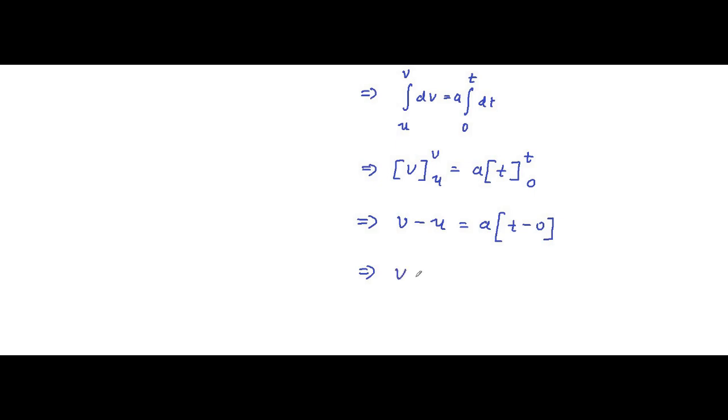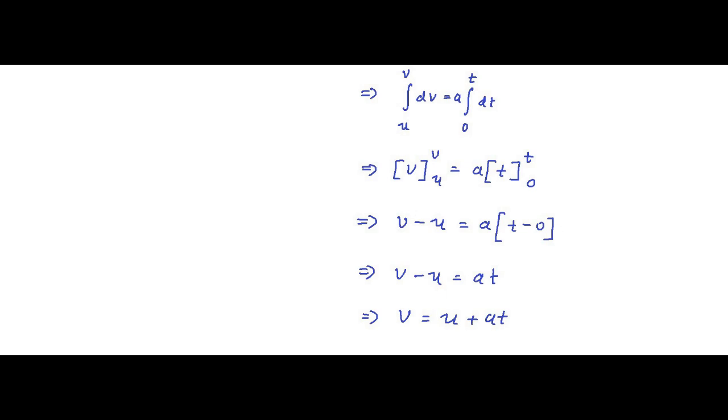So it is v minus u is equal to a t, or we can write it as final velocity v is equal to initial velocity u plus a t.